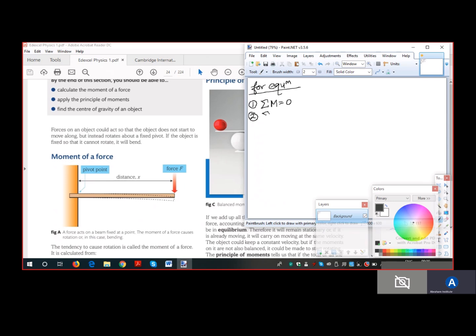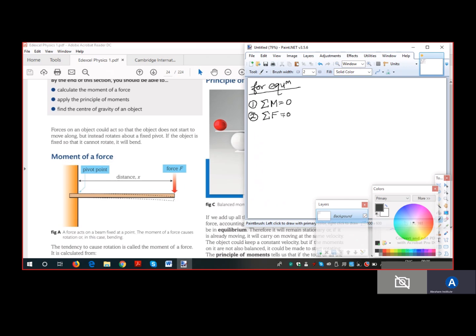What we mean by these two is, the first one, resultant moment equals zero, means the sum of clockwise moments about a certain point should equal the sum of anti-clockwise moments about the same point. Now we will learn what clockwise moments and anti-clockwise moments are.